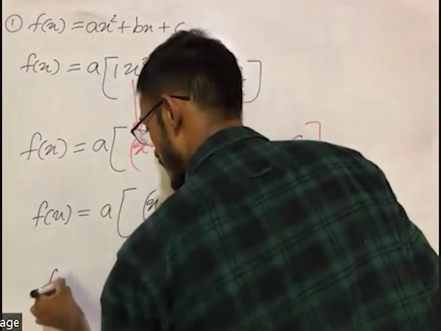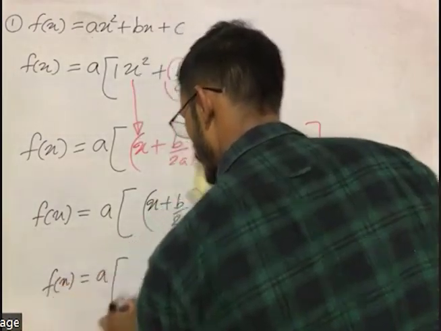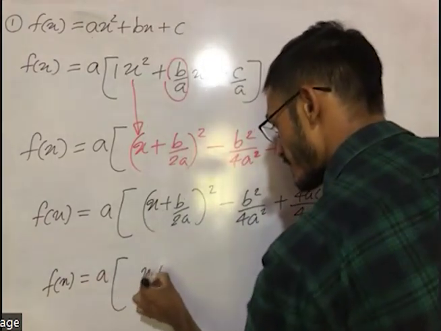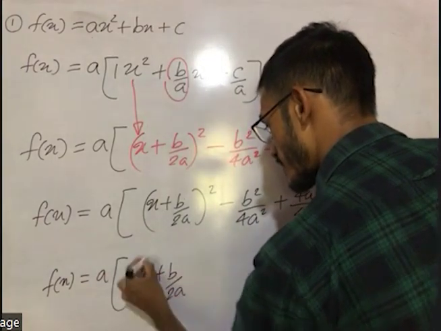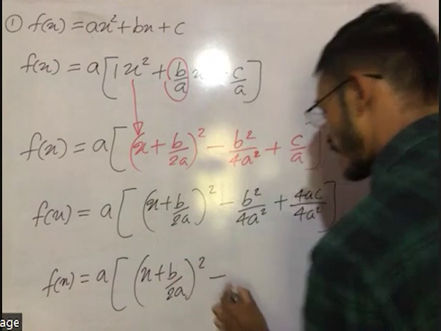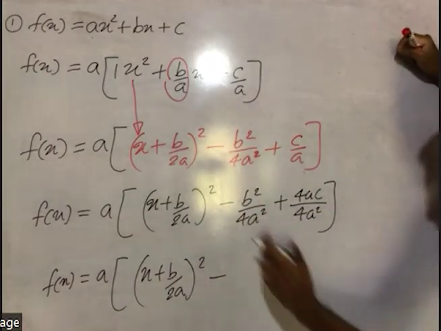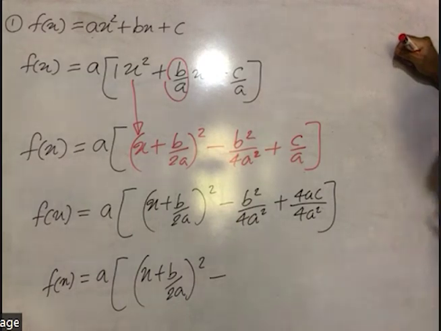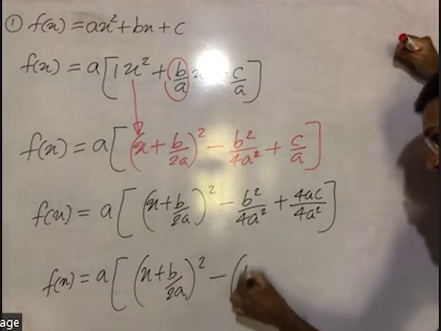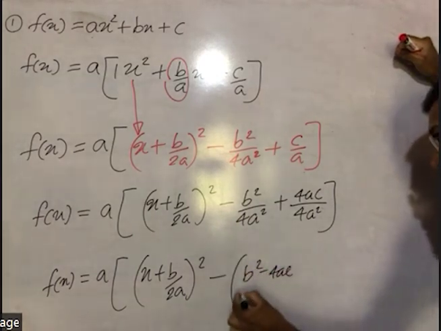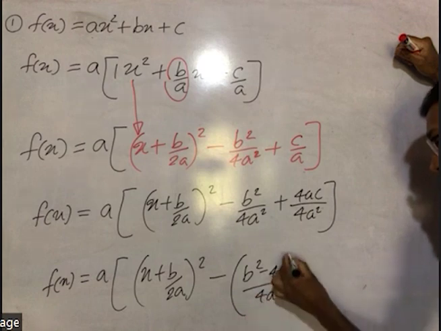Now I'm going to simplify this. f(x) equal to a into x plus b over 2a whole thing square minus. I'm going to separate the minus sign from these two terms. Now minus b square minus 4ac over 4a square.